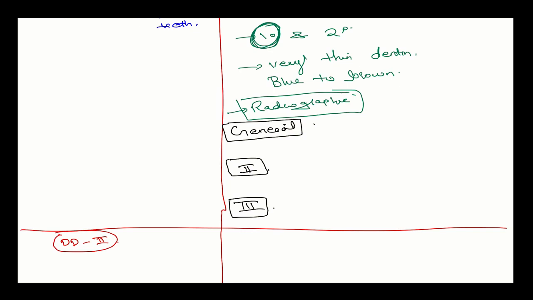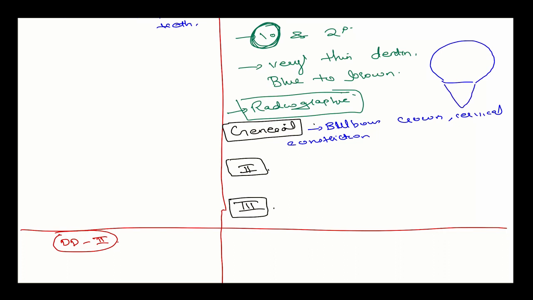The general radiographic features for all kinds of dentinogenesis imperfecta are bulbous crown, cervical constriction, the tooth will be constricted, just an exaggeration, and thin roots. The roots will be thin, just an exaggeration for you to remember things.